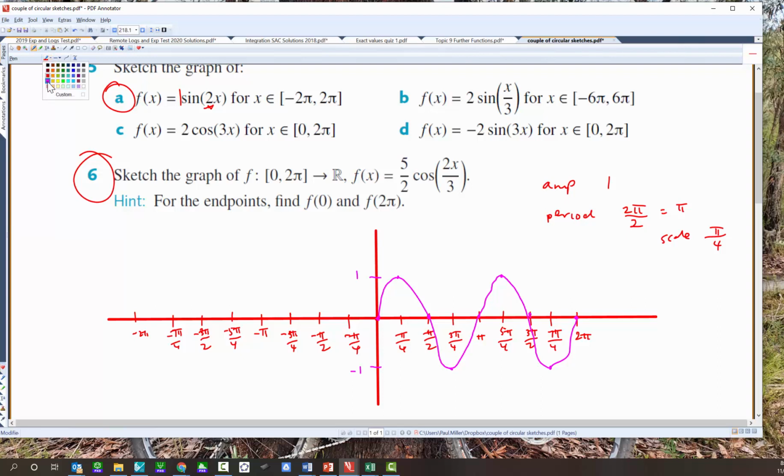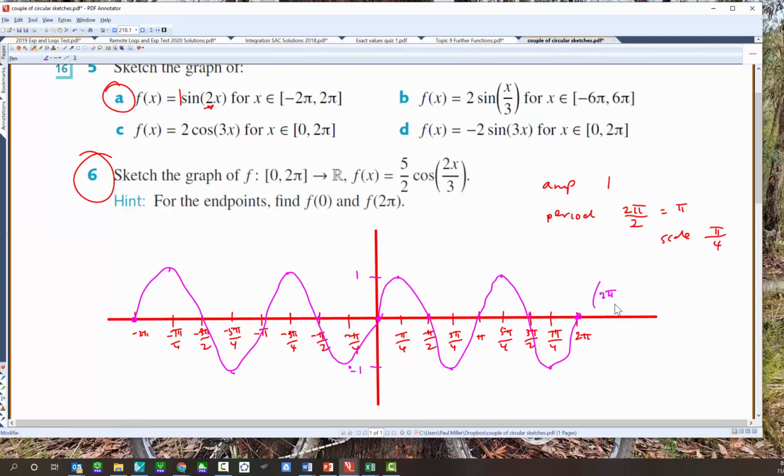Okay, so what's going to happen here is it's just going to continue down to there, there, there, there, there, there, there, and there. So what should happen is that you just get one continuous wave. All right, so there's our endpoints, and a reminder that they need to be labeled.